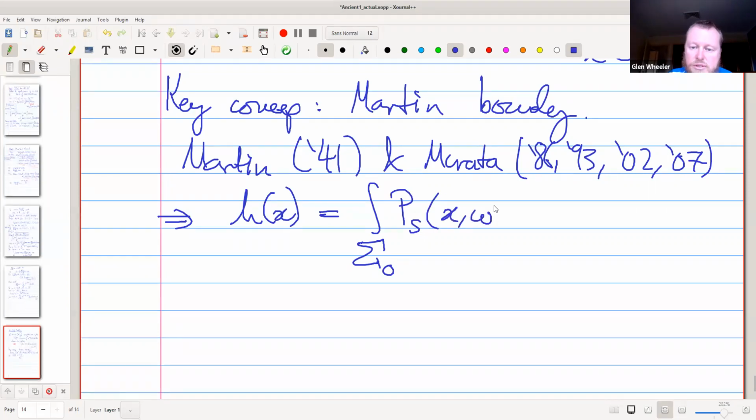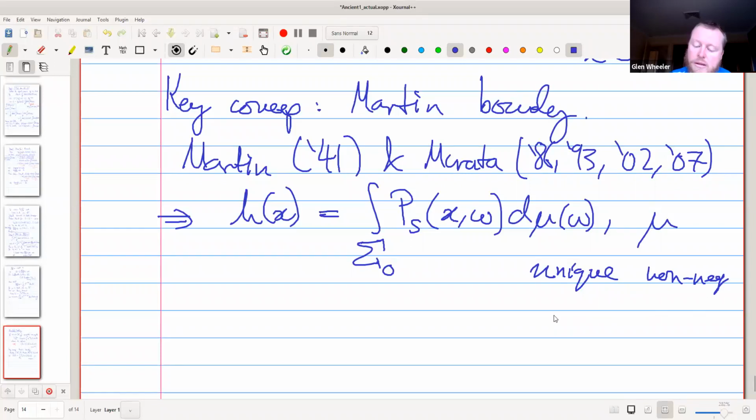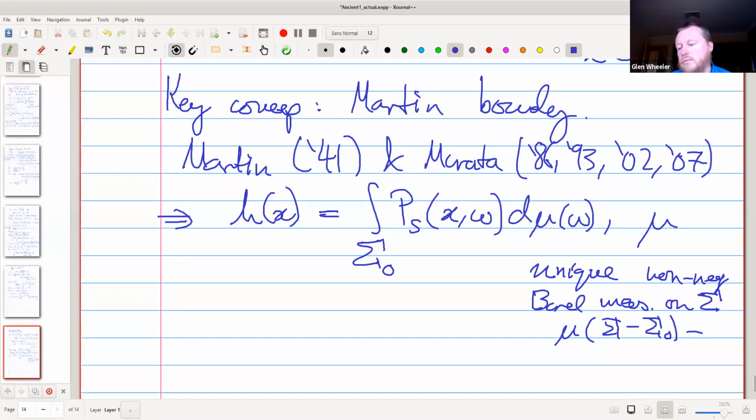I'll write down what these things mean in a second. And here μ is a unique non-negative Borel measure on Σ, just like before, and the measure of Σ minus Σ_0 is 0.